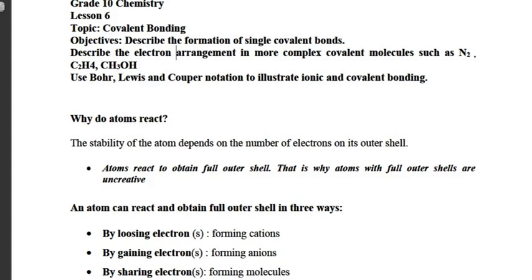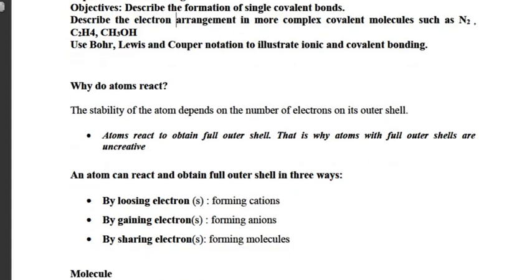Remember when we were in grade 8, we looked at the ones for hydrogen and the ones for water, but now we're going to look at the one for nitrogen, which has a triple bond. We're going to look at ethanol or methanol or different types of alcohols, and even alkenes.